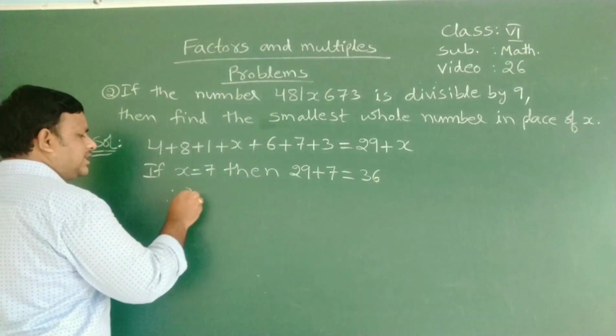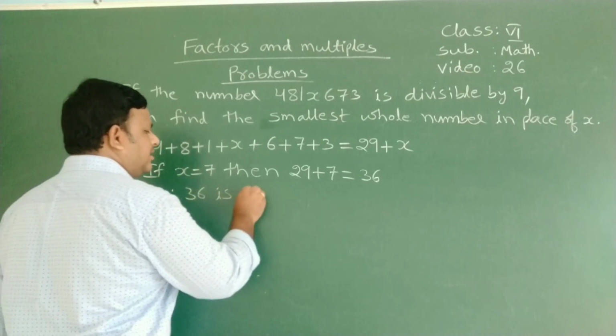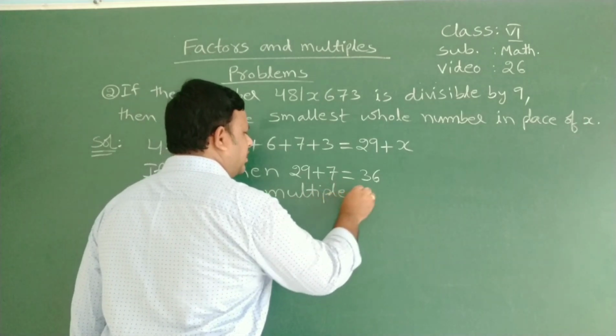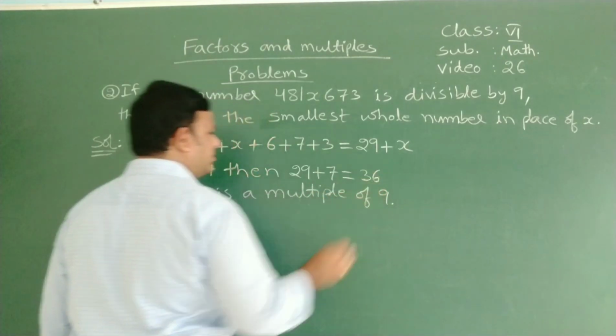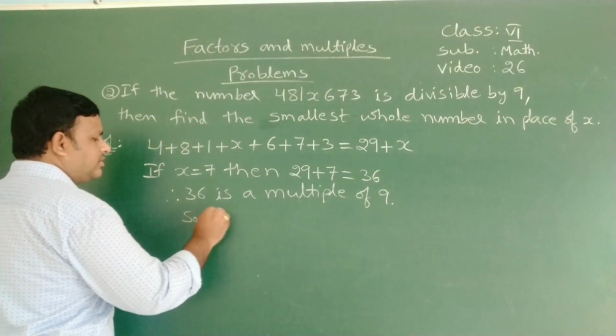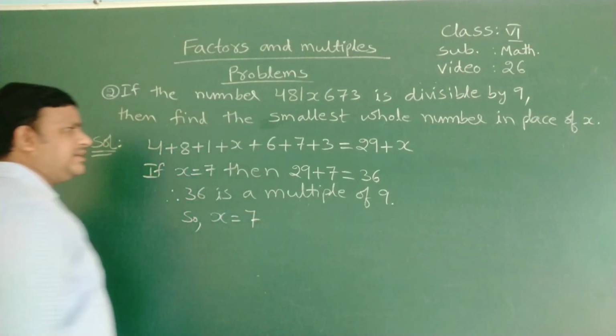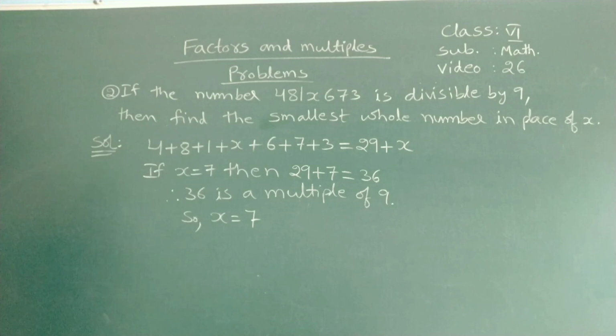Therefore, 36 is a multiple of 9. So, what will be the x value? Smallest whole number in place of x is 7. Okay.